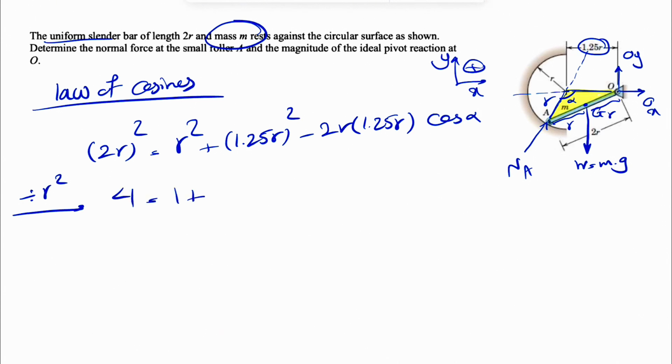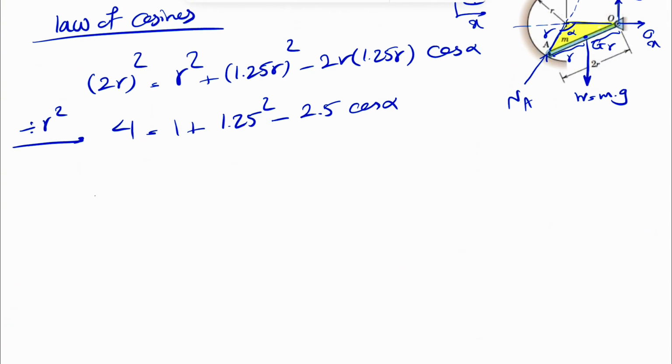So we have 4 in here, 1 plus 1.25 squared minus 2 times 1.25, which is 2.5, cosine of alpha. So we can find cosine of alpha in here, which will be 4 minus 1 minus 1.25 squared over 2.5.